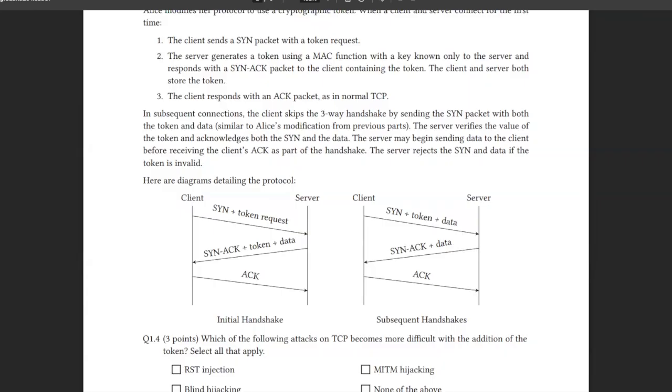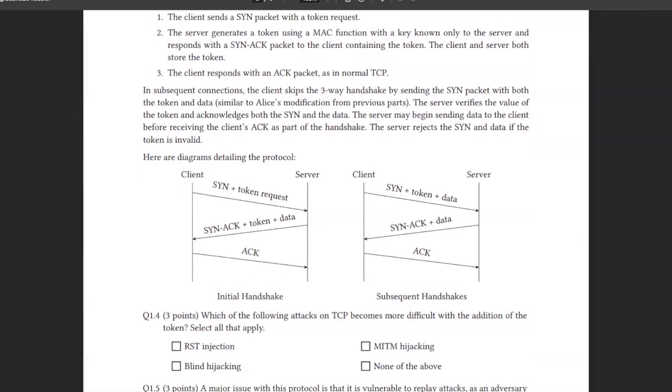Okay. So the point of this is to essentially speed up the efficiency of handshakes. And the question is kind of tricky, but it says what becomes more difficult with the addition of the token, right? But even if you don't know the token, all you have to do is guess the correct port stuff at the beginning, and essentially it becomes a new handshake. So the answer here is actually none of the above, and that is because the token's whole point is that I don't have to always do a handshake for a certain time frame.